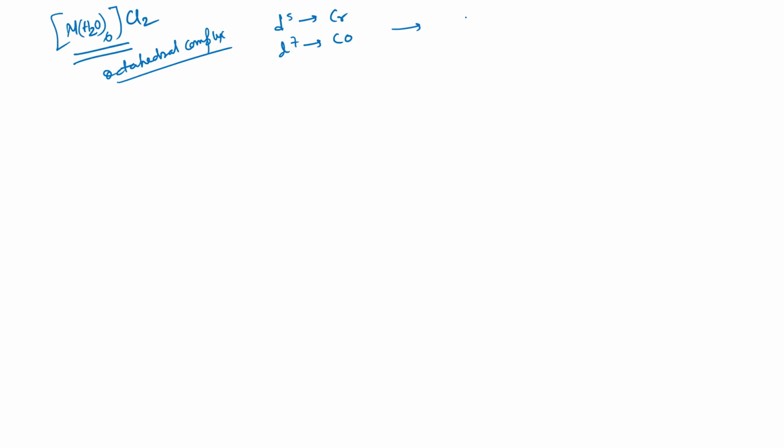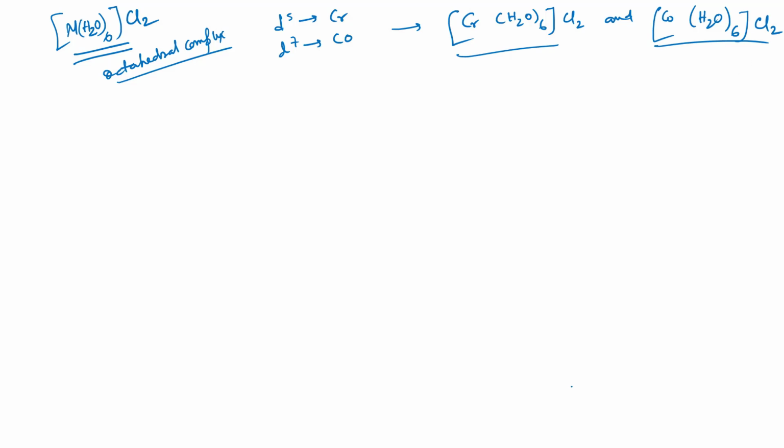So the corresponding complexes are Cr(H2O)6Cl2 and Co(H2O)6Cl2. We know in the octahedral geometry, the d orbitals of the transition metal will be split into two different sets of orbitals.